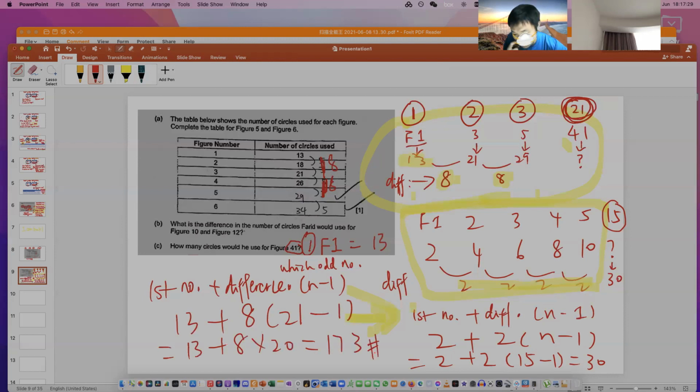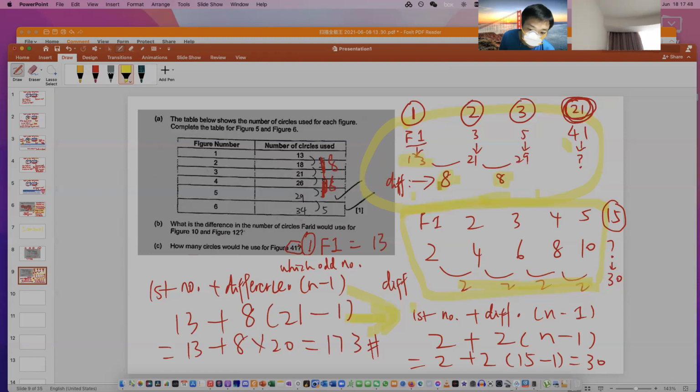So we have talked about this question. They give us a different difference, they have alternate differences. But when you combine them together, you end up with the same difference, and the same difference here is 8.